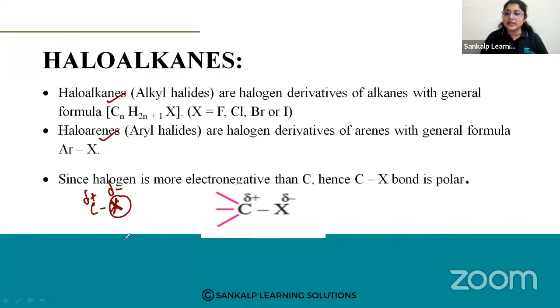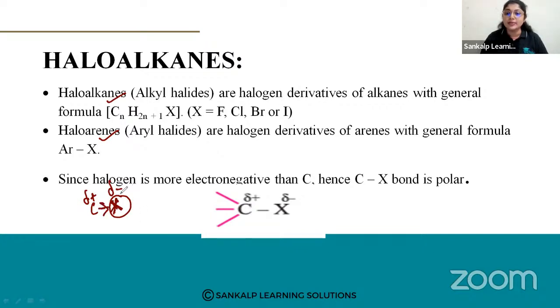In alkyl halide, the halogen group attached to carbon is highly electronegative. Because of the inductive effect, you have studied about the inductive effect, because of the minus I effect, this halogen atom will pull the electrons towards itself.